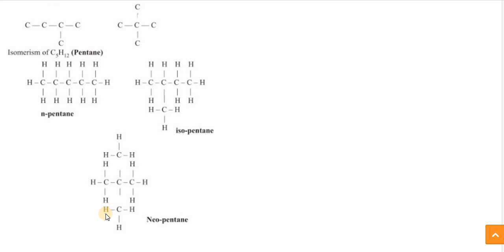If asked in the exam to write down the isomers of pentane, then you have to write down these three formulas: n-pentane, isopentane and neopentane. The n-pentane is a simple saturated, straight chain structure. Whereas in isopentane, on the second carbon there is a branch and one other carbon is attached like this.